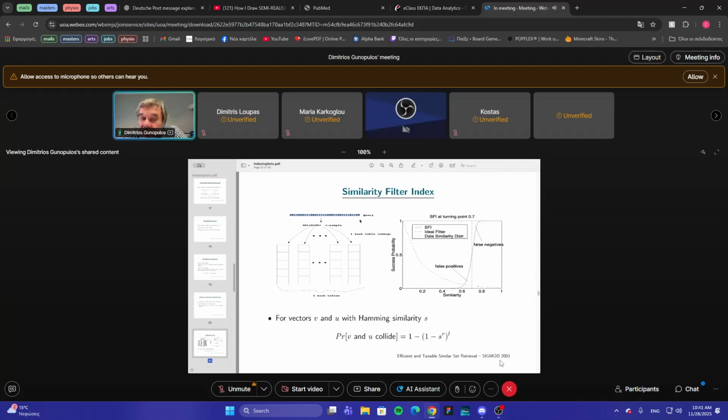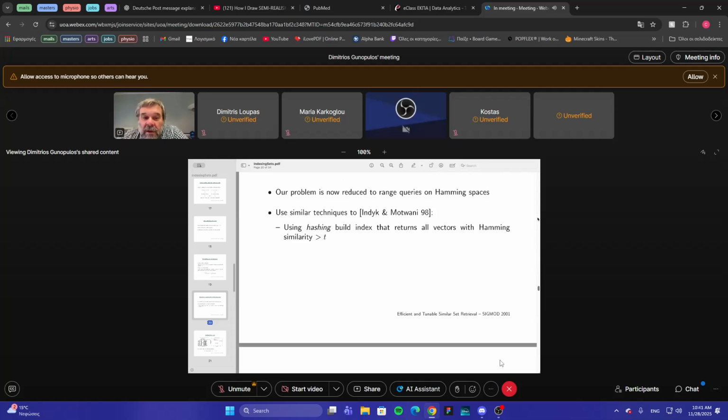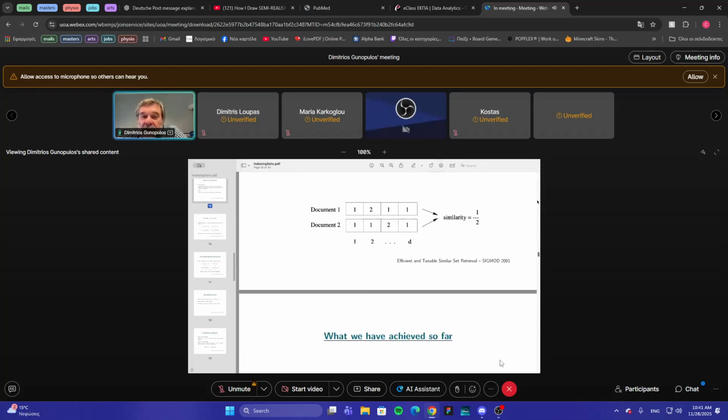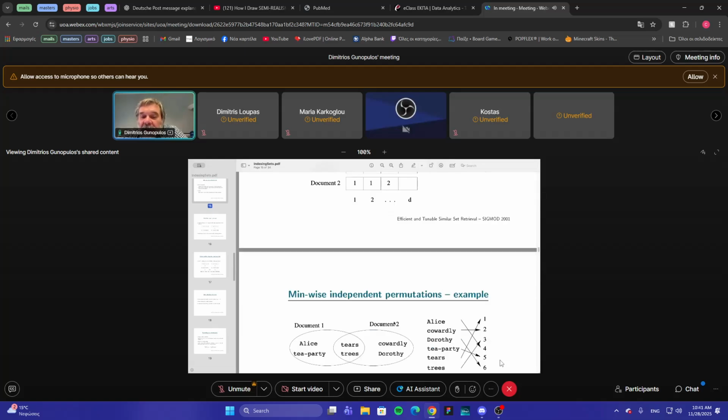How big is this? It depends on how many trials I made to create these vectors. Each of these vectors has a value. This value came from an independent, pairwise independent permutation.